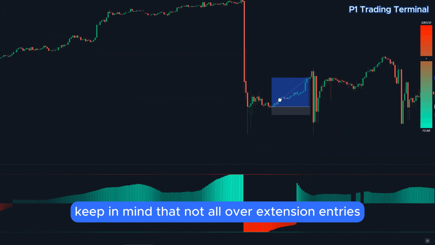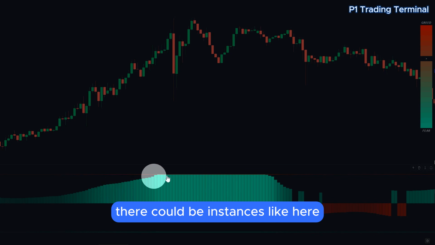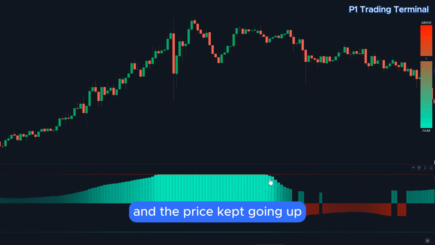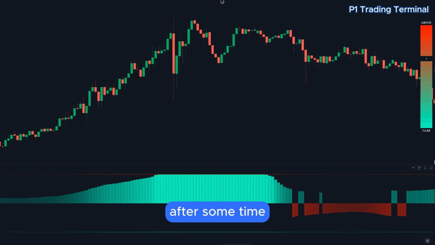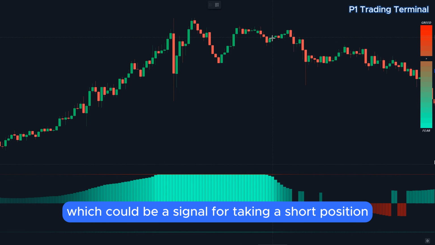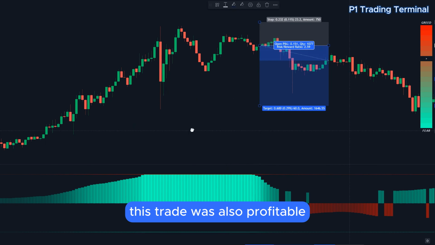Keep in mind that not all overextension entries are going to be profitable. There could be instances like here where the green histogram touched the upper threshold and the price kept going up for some time. This was the first histogram to close under the upper threshold, which could be a signal for taking a short position, if we were to take a short position. Here, this trade was also profitable.